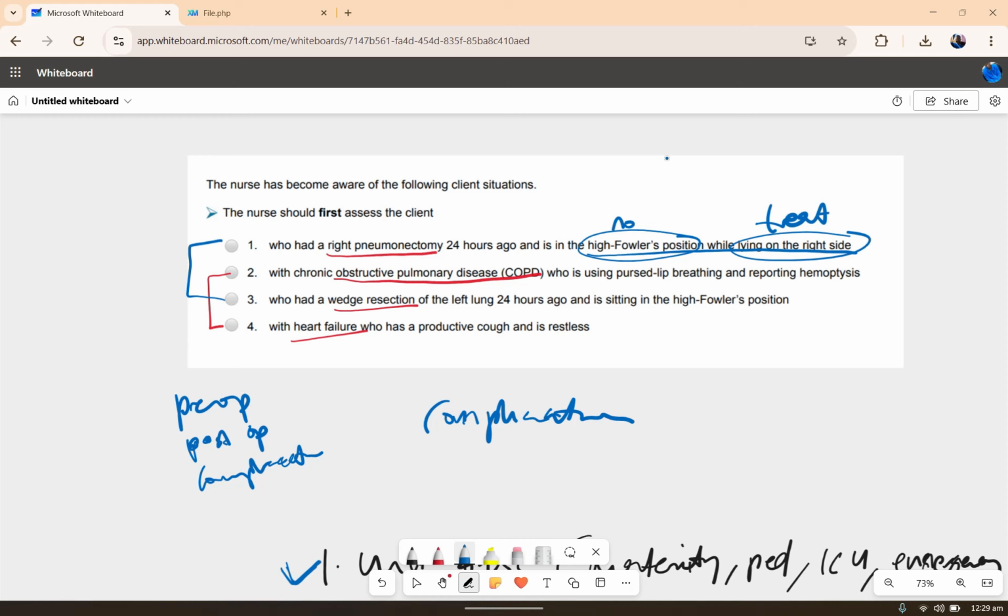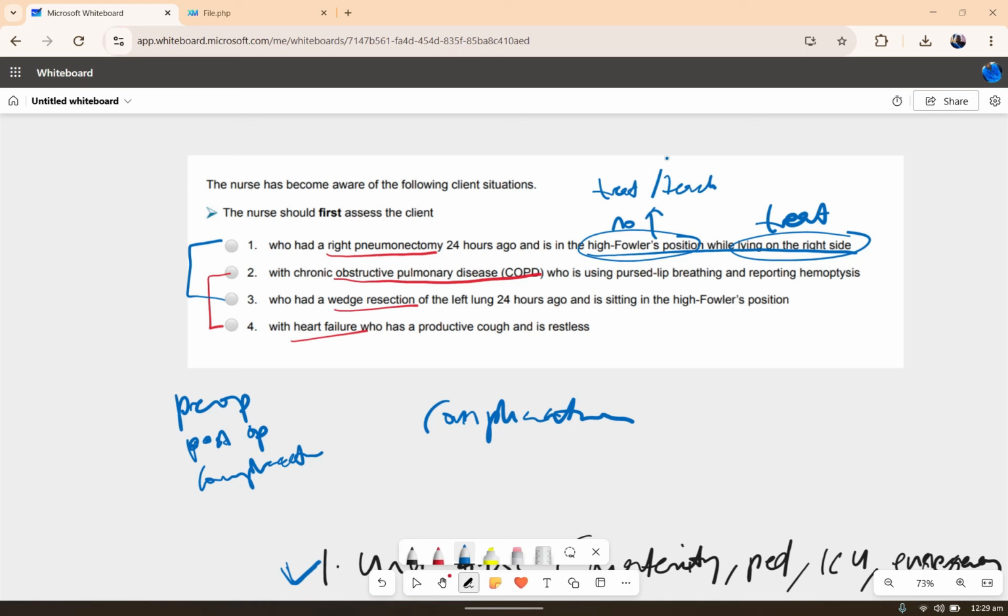So there's no need for me to ask myself, am I going to treat or teach? If it is not good, then I will teach the patient. I cannot treat a situation with high Fowler. Maybe the patient is not sitting in high Fowler and they need to be, based on their condition. I can then teach or encourage the patient to be in that position, right?